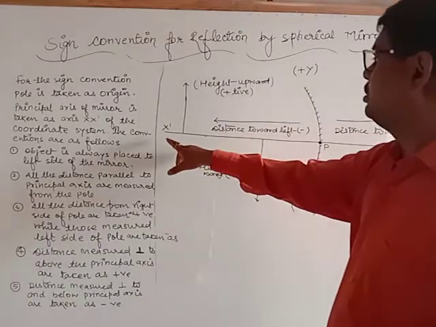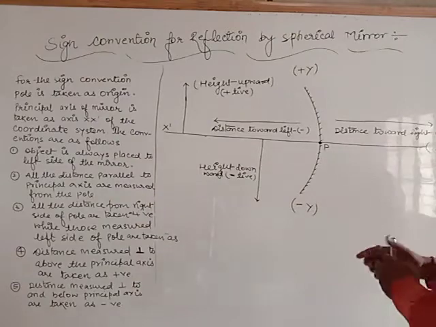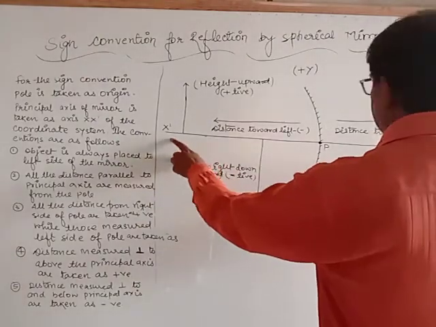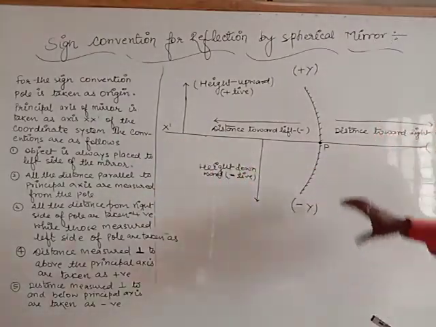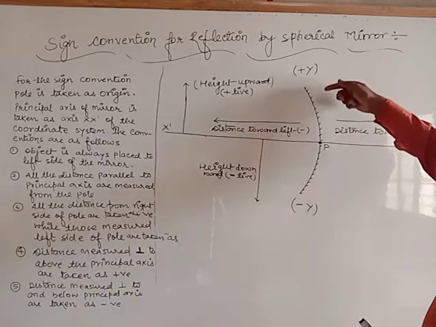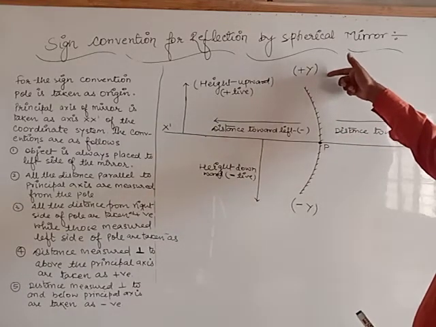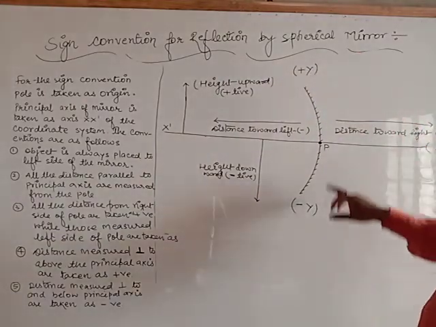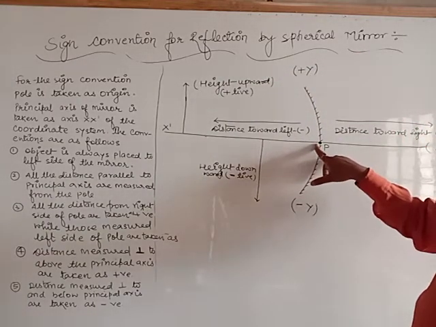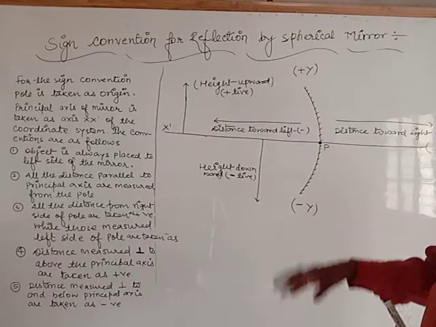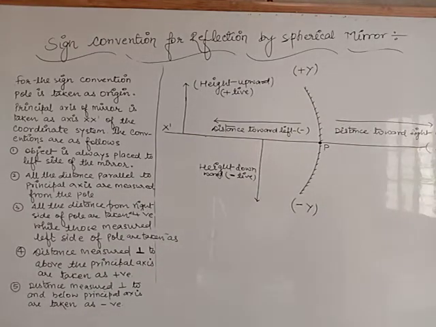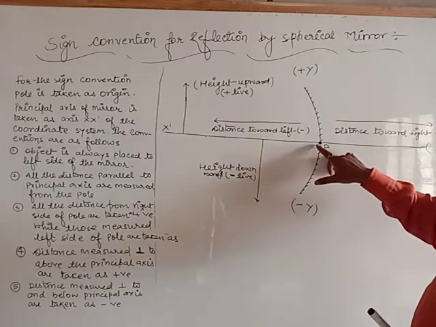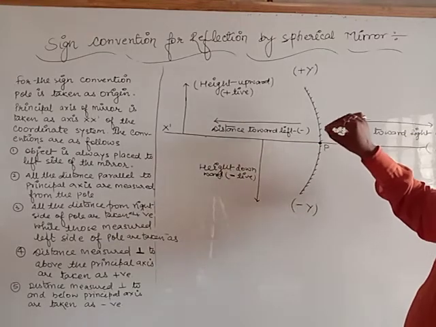Here is the Cartesian system, x dash and the y-axis, and this is the origin where the mirror is placed.